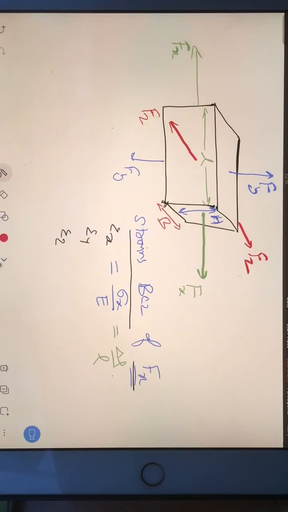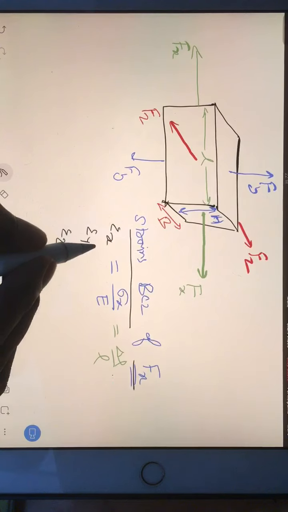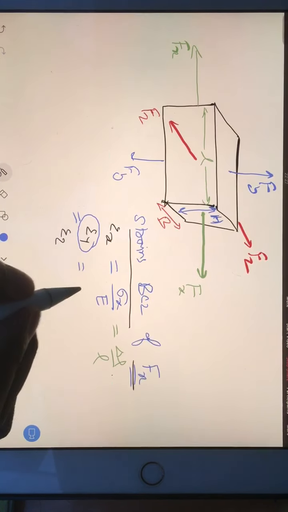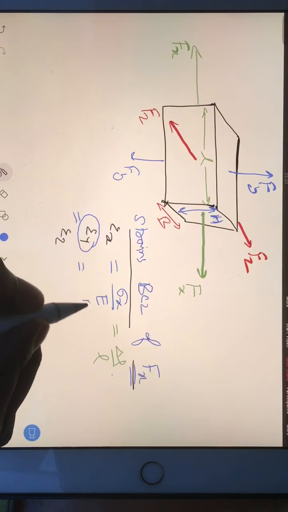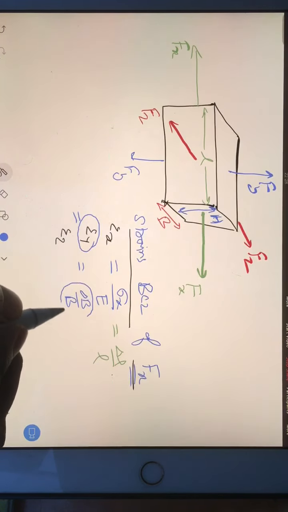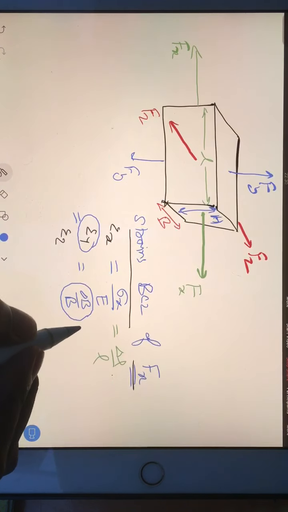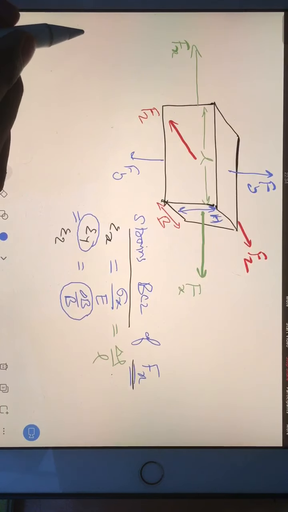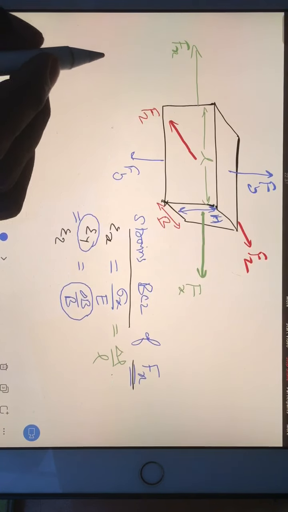So you see this part, epsilon y, I will definitely write as del B by B. But I can connect this del B by B with Poisson's ratio.